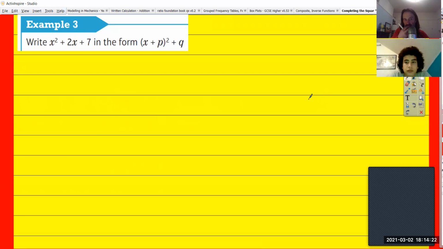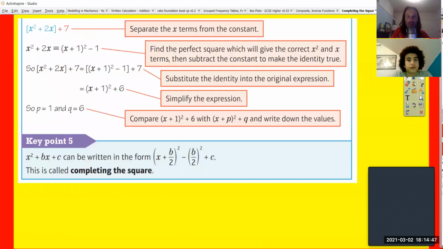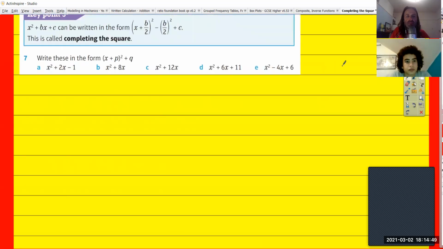Okay, how about this? Would be x plus 1 squared plus 6. Well done. Let's see.